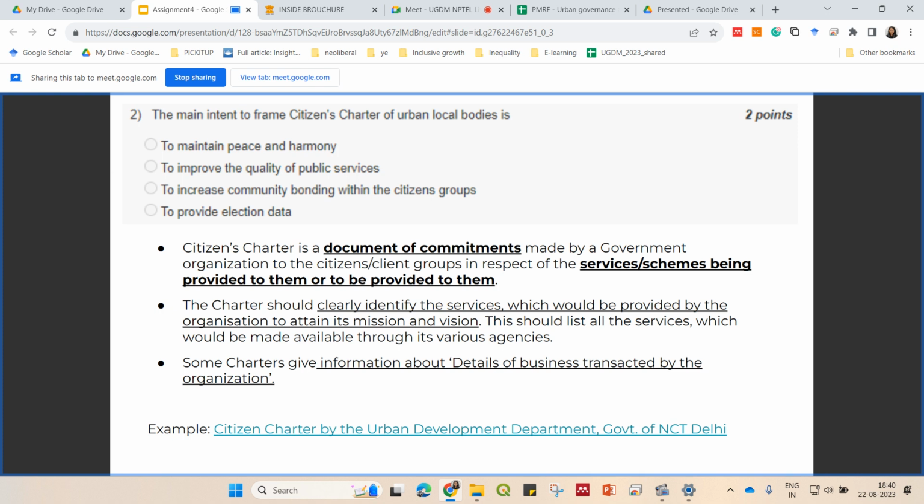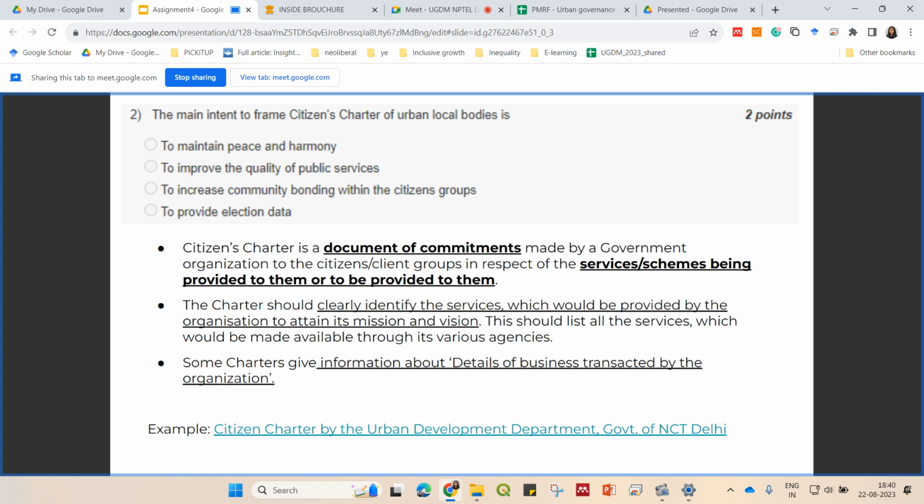Those things are communicated in the form of this document of commitments, and this is always in respect to some particular service or some particular scheme that is being delivered by that particular organization.